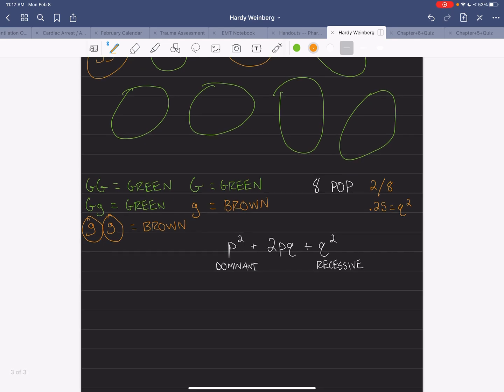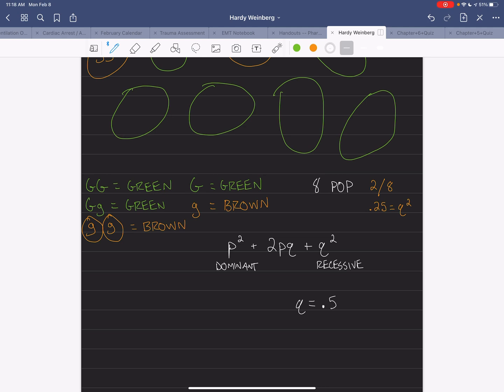So if we want to find what our q is, we want to take the square root of that, which is a half. I guess I could have done that math in my head. So our q is going to equal 0.5.